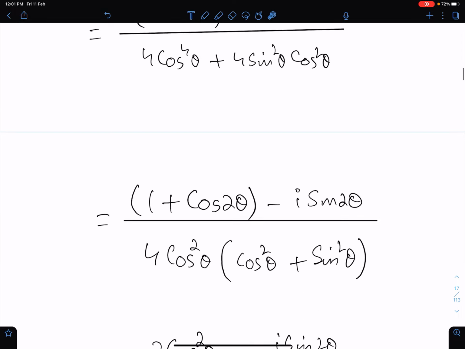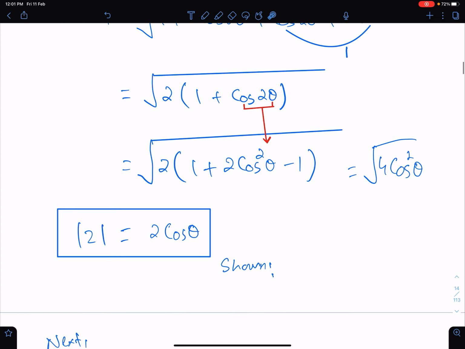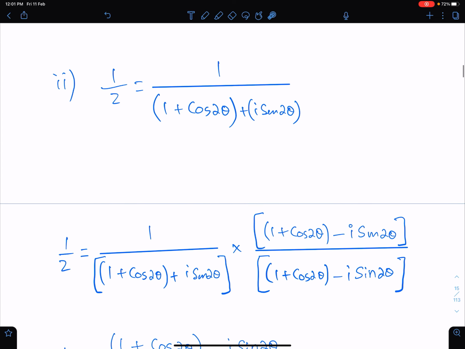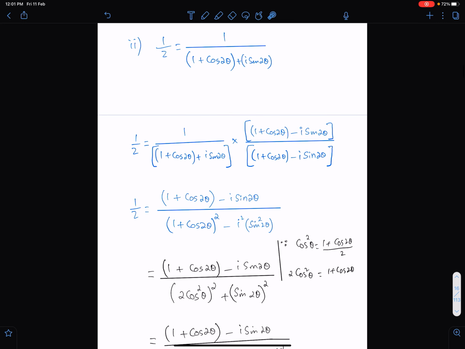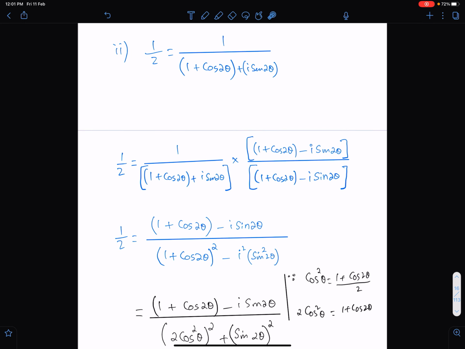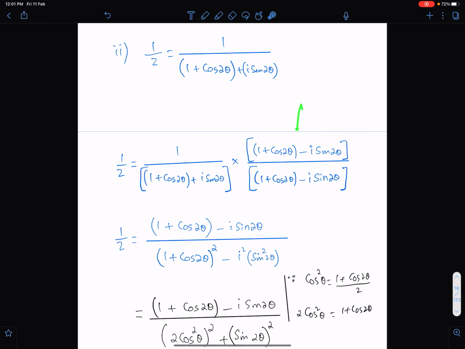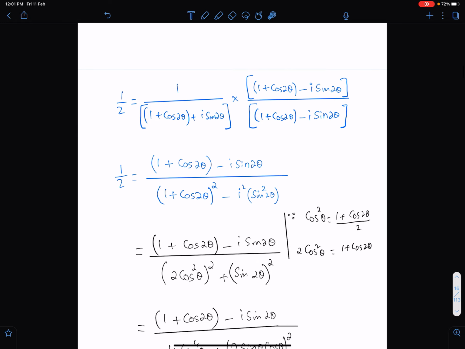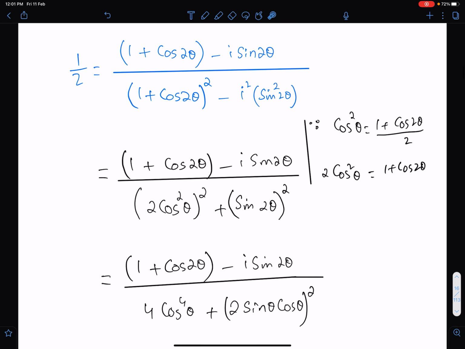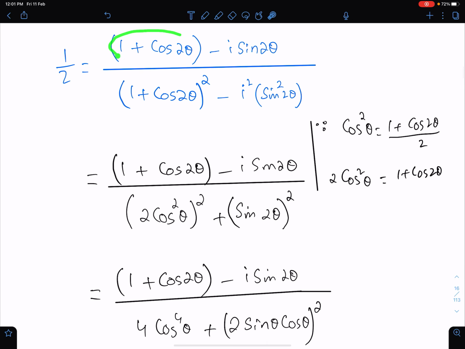You can check the solution again. First do rationalization, then write this thing here and here use a square minus b square formula. Now replace 1 plus cos 2 theta by 2 cos square theta here and replace this by 2 sin theta cos theta.